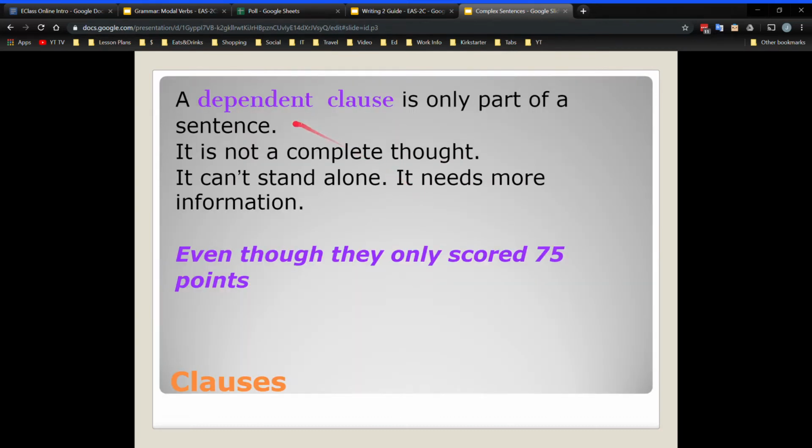A dependent clause is only a part of a sentence and is not a complete thought. It needs more information. For example, this statement here says, even though they only scored 75 points. It has the subject they, and it has the verb scored. So it looks like a sentence, but it's still missing information.